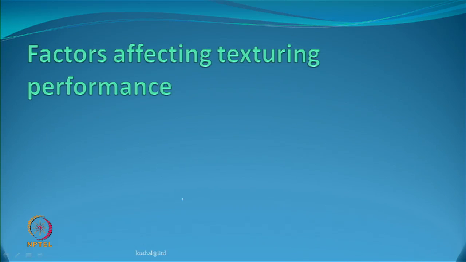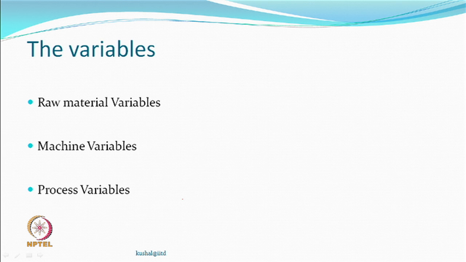So, now we look at some of the factors which would affect all the properties of the edge textured yarn. So, we have seen a complex machine. So, there can be raw material variables, what material that we are wanting to texturize, machine variables.